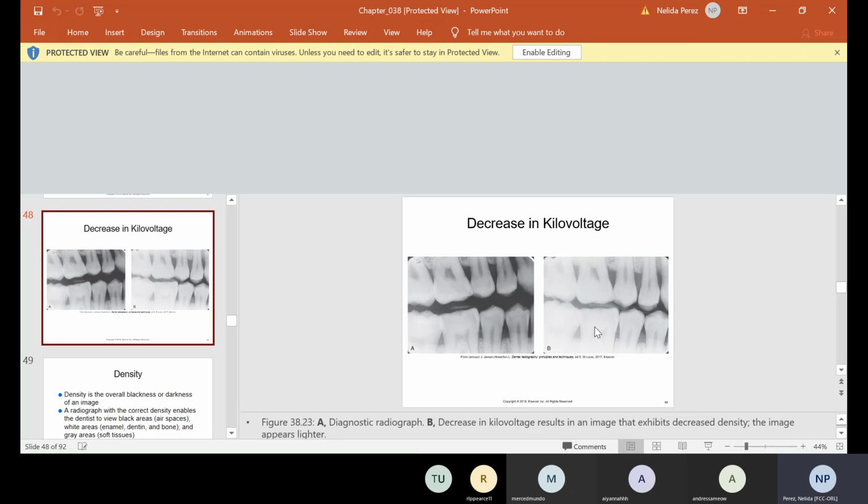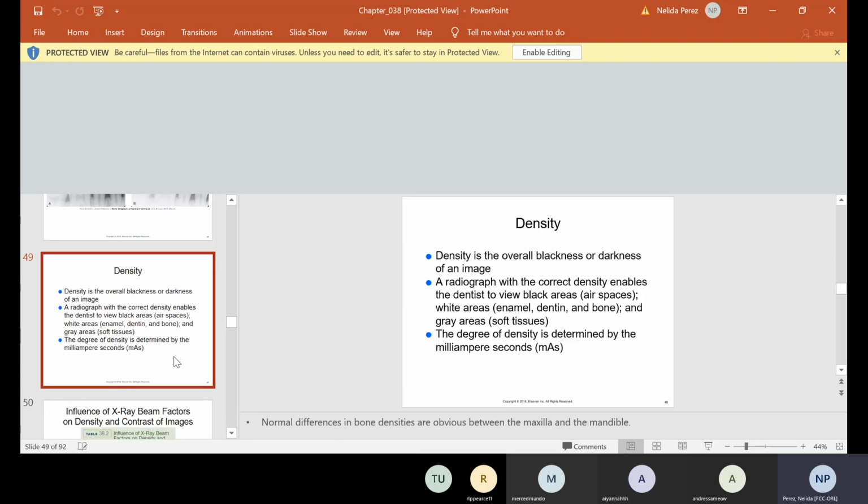So see what difference it makes, all right? Also, the degree of density is determined by the milliampere seconds, which are your mAs. Now, there are normal differences in bone densities. They're obvious between the maxilla, which is the upper, and the mandible, which is the lower.